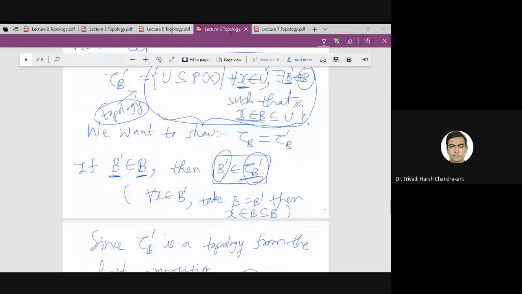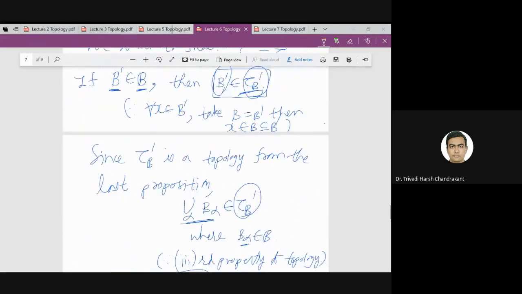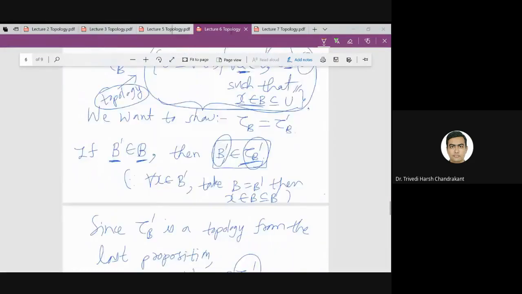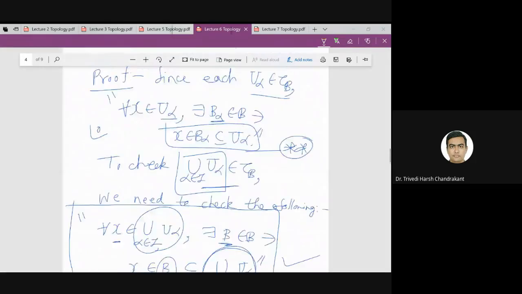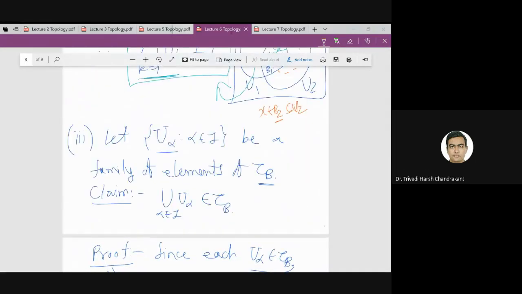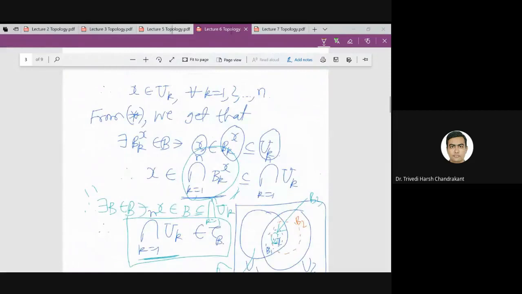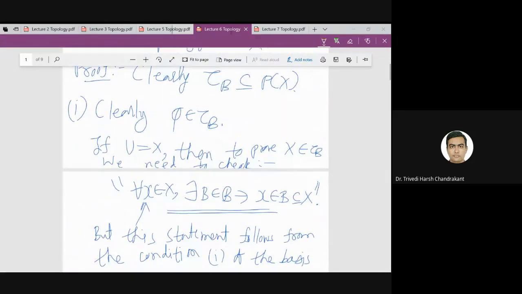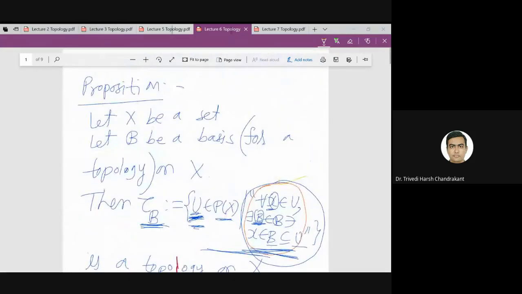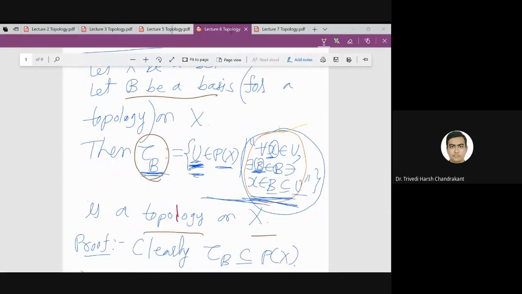So the first axiom is that phi and X belong to tau B. That result we have discussed earlier: if B is a basis, then tau B is a topology on X. So how do we define tau B?